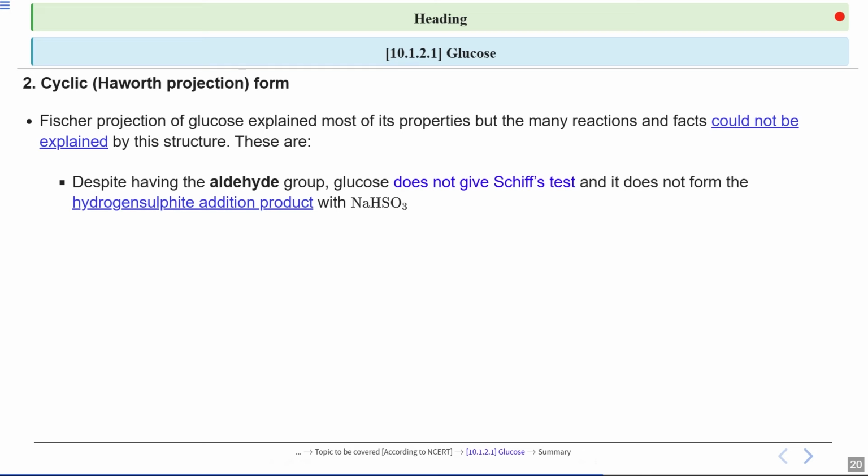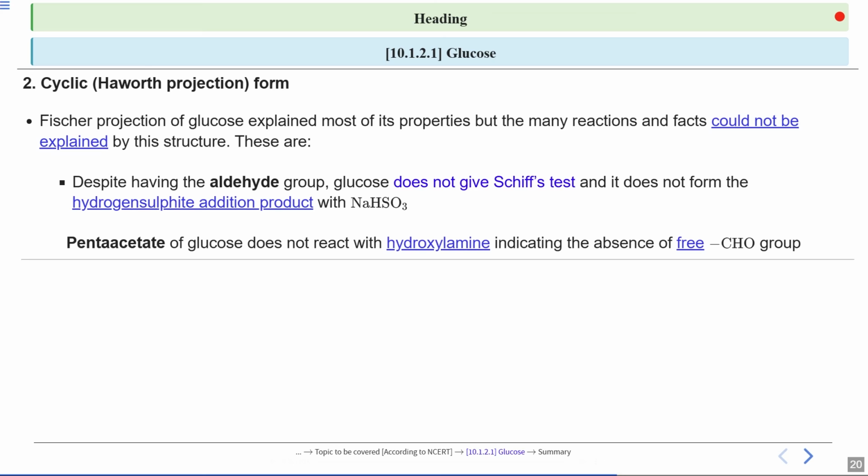It also does not form a hydrogen sulfite addition product with sodium bisulfite, or NaHSO3. Next, the pentaacetate form of glucose does not react with hydroxylamine, which suggests there is no free CHO or aldehyde group available. So this is another clue that the actual structure of glucose is different from what the Fischer projection shows.